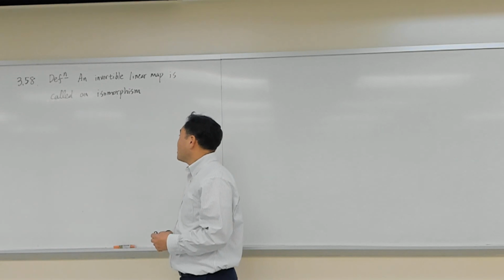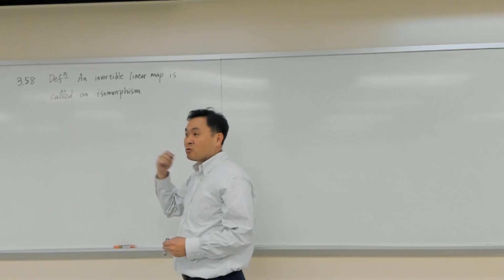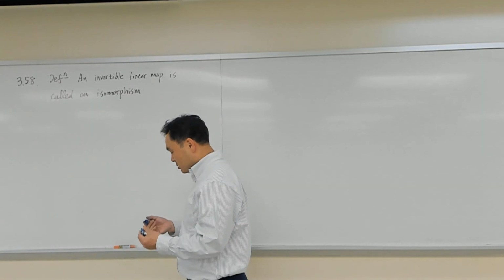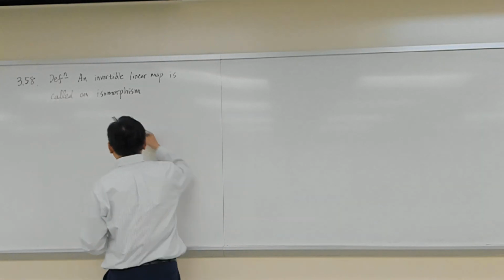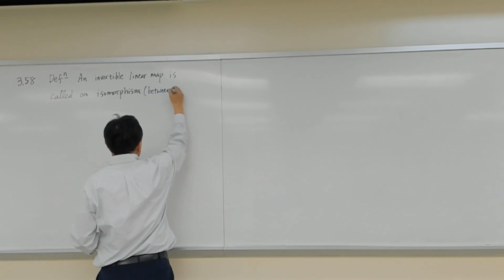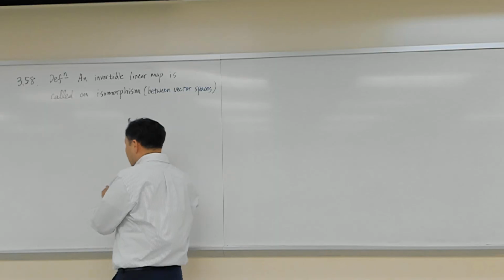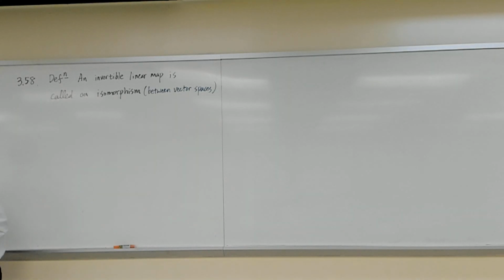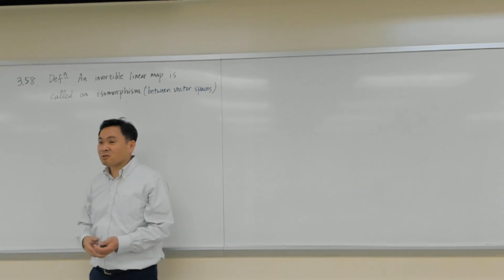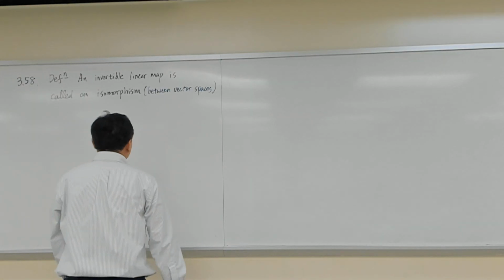Whenever you say isomorphism, it's a bijection between two things that preserves the structure. In a wider view, this is really an isomorphism between vector spaces. In this class, the only kind of structure we're interested in is the vector space, so when you say isomorphism, what else can it be? It means isomorphism of vector spaces.